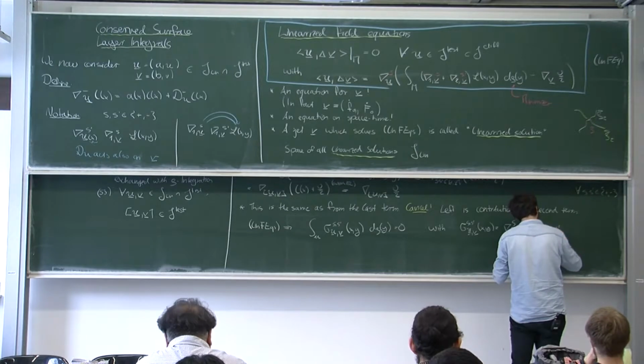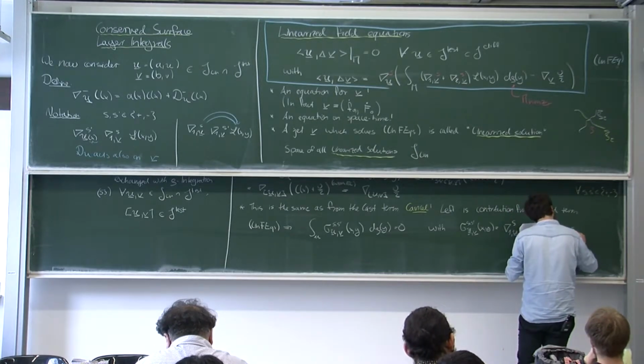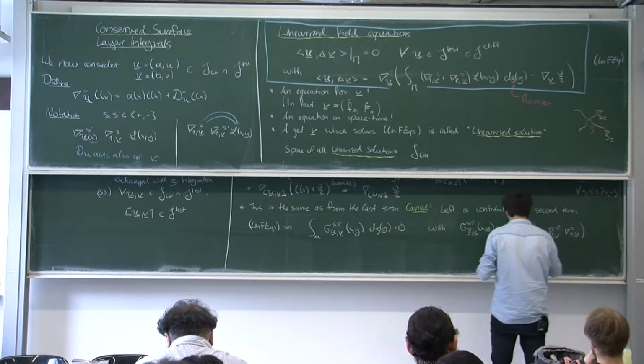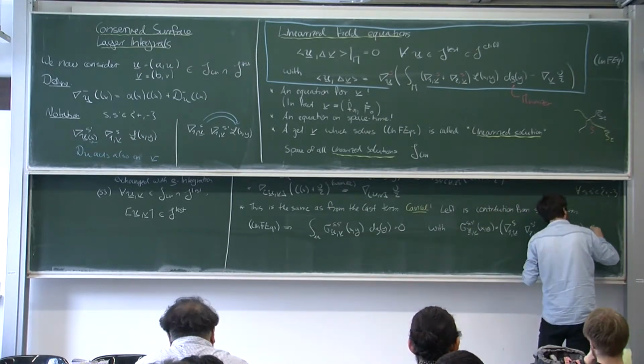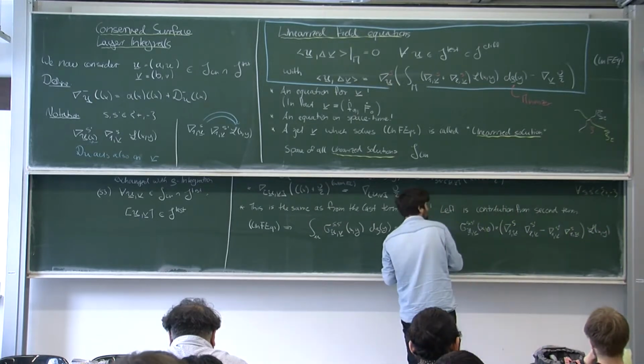So I have s prime 1 v nabla s 2 u, and this whole thing just applied to L of xy. I'm putting a box around this because this is important.